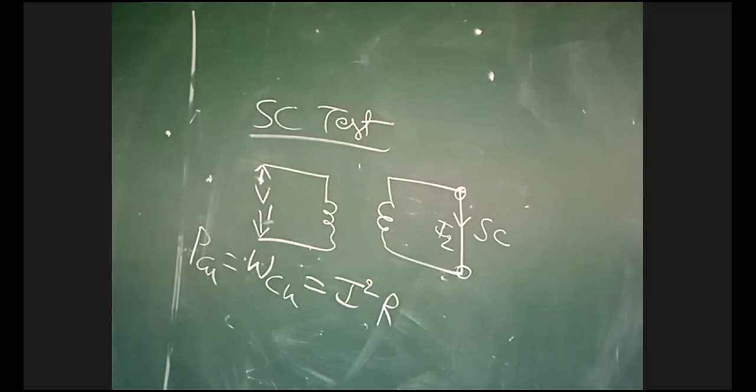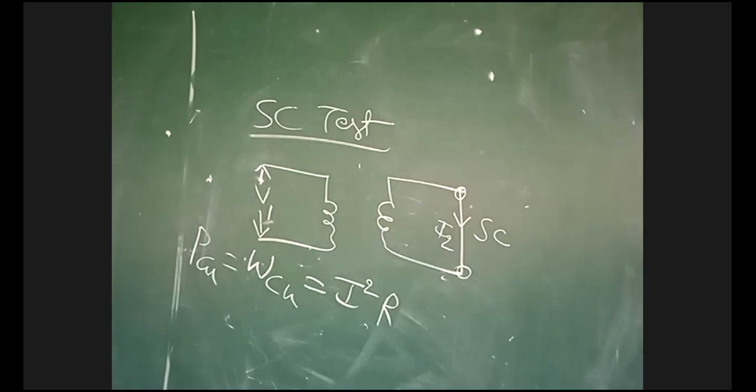But in the first case, open circuit test, what are you determining? Power loss in the iron phase. In the first case, open circuit test, iron loss, and we apply rated voltage.